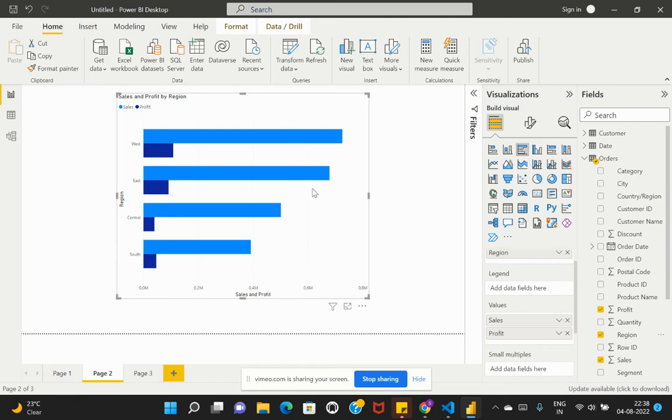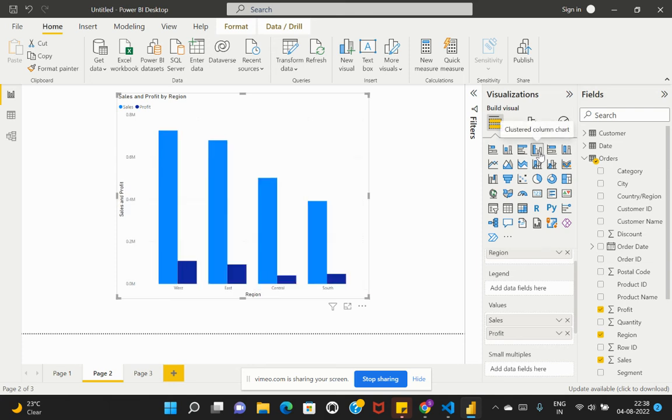Now the same can be converted into a clustered column chart. So if you select the clustered column chart, the visual is still the same except the orientation of how it has been presented, right? So when we've selected this clustered bar chart, the bars have been aligned in the horizontal fashion, and therefore it has been named as a clustered bar chart.